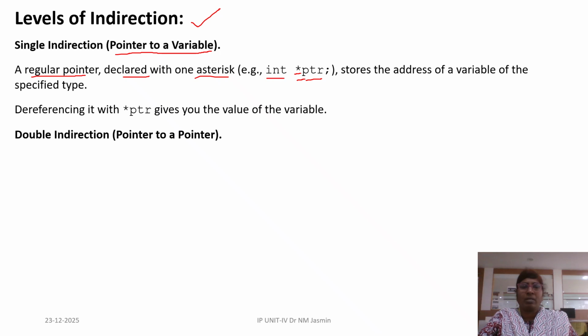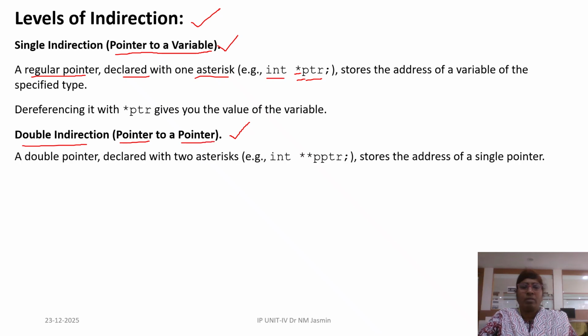Coming to the second one, double indirection, also called pointer to a pointer. The previous pointer points towards the variable, whereas in double indirection, the pointer points towards a pointer.